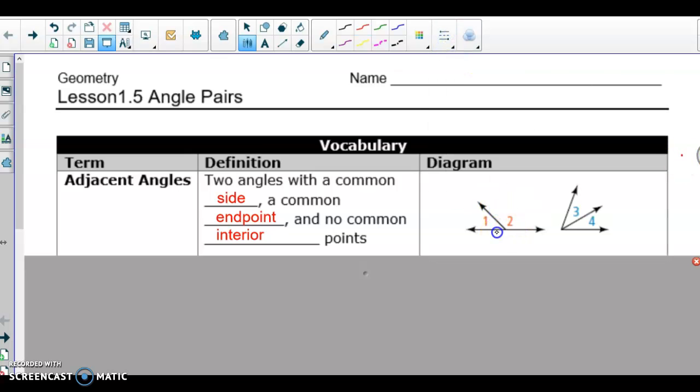Angle 1 and angle 2 are adjacent angles. And angle 3 and angle 4 are adjacent angles.